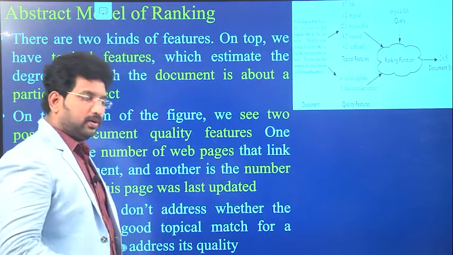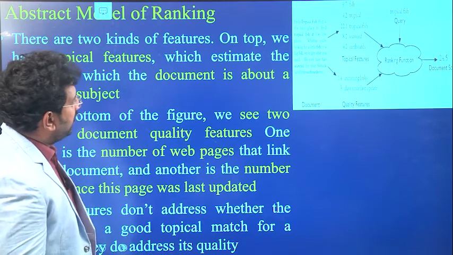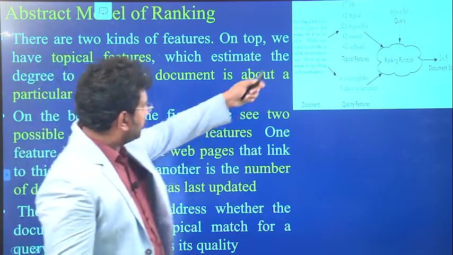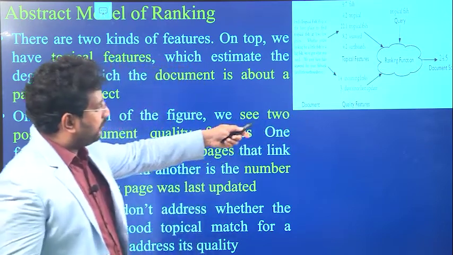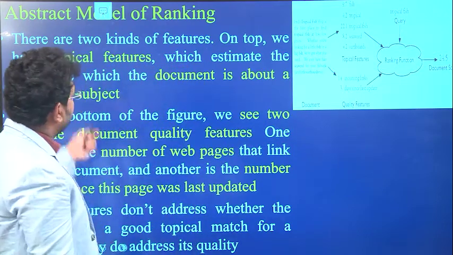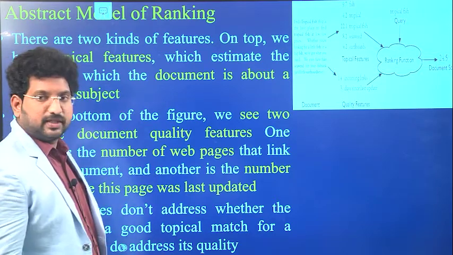If you go into more detail of this abstract model of ranking, just now we covered the sample document, the document features and different types of features. There are two kinds of features.